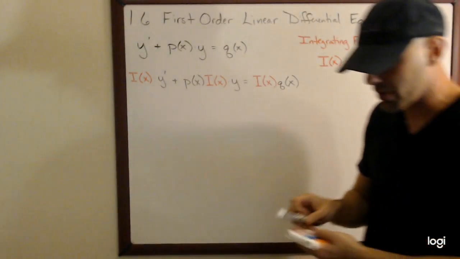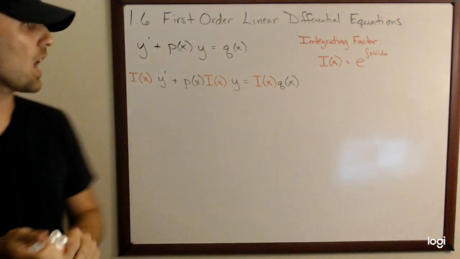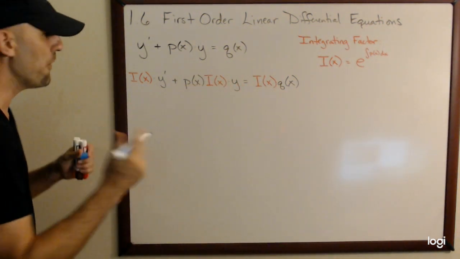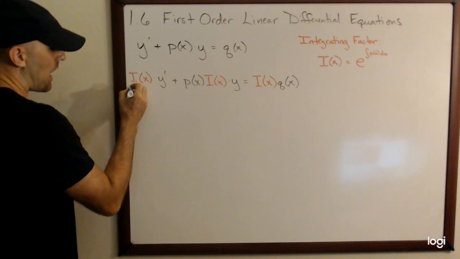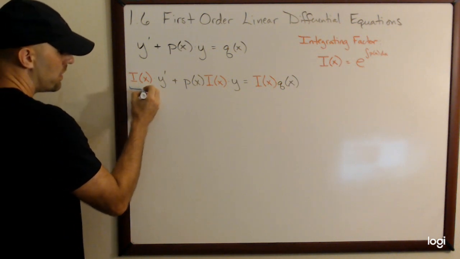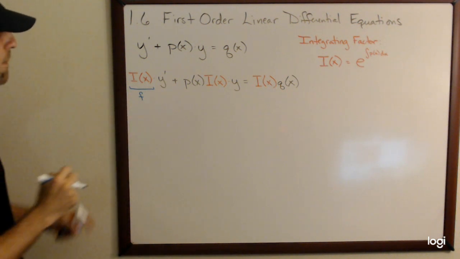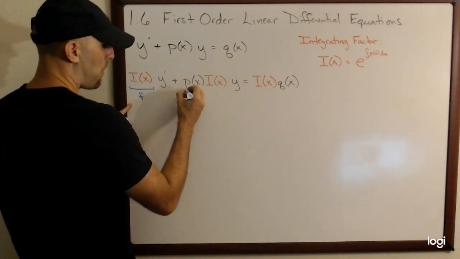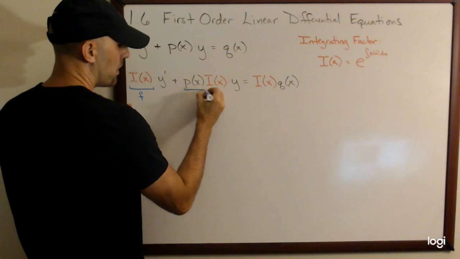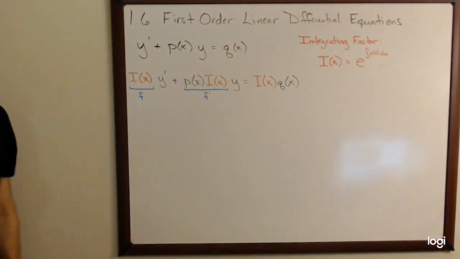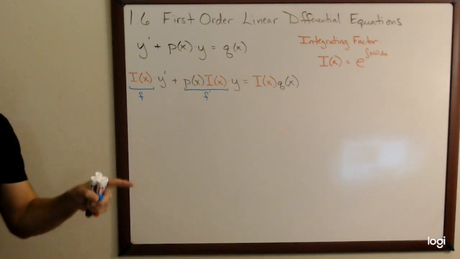Well, I want you to notice something here. I'm going to relabel the parts on this side. Okay? If, hypothetically speaking, let's say I call this function f, right? Isn't this part f prime? That's what I wanted, right?